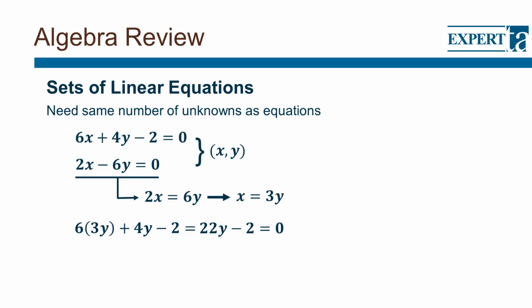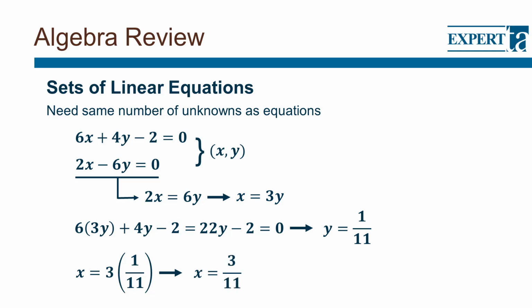You can move the 2 over, divide by 22, and you'll get that y is 1 over 11. Now I want to plug this y into something where I have x and y separated, and I've already done that, so I have x equals 3 times 1 over 11, and that gives me x equals 3 over 11. So in this case, the solution is the pair x equals 3/11 and y equals 1/11. That's the only solution which will make these two equations always true.